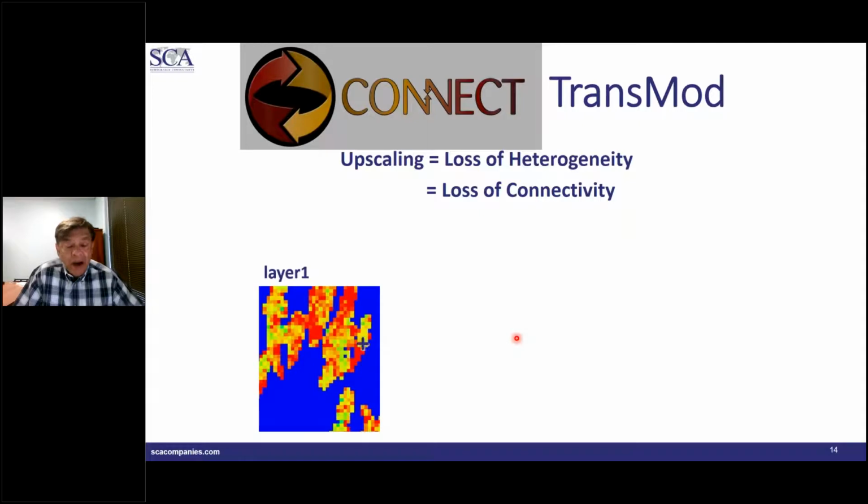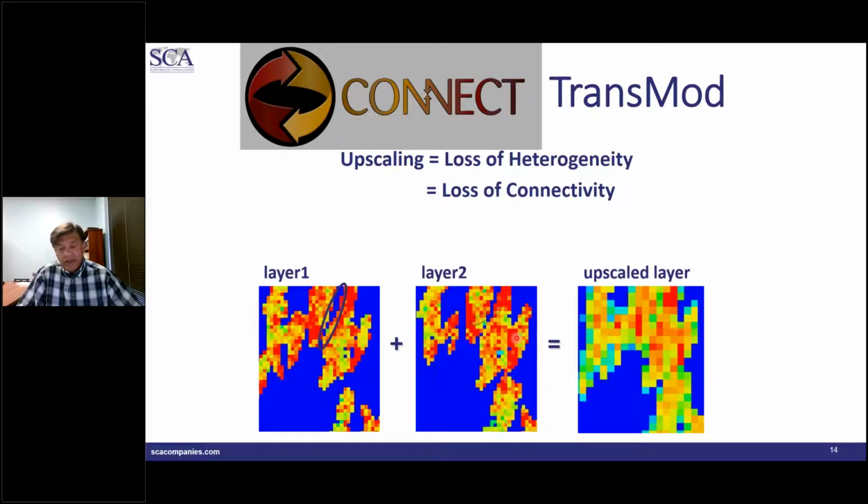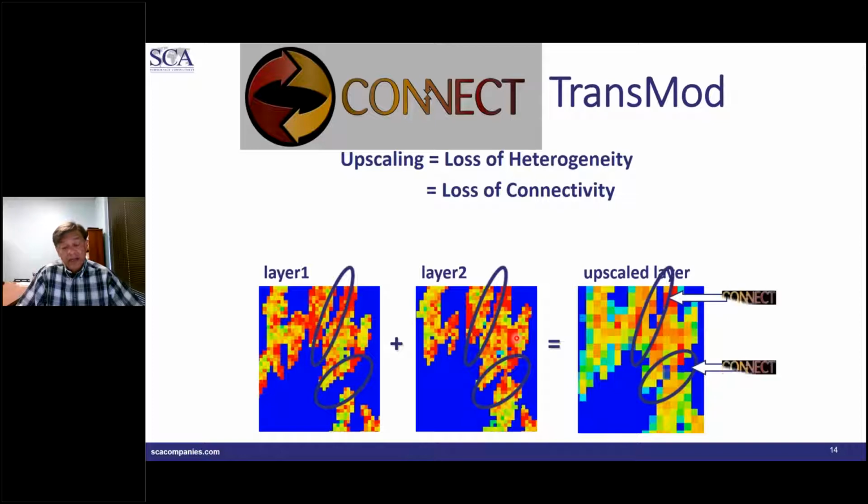We also have another plugin called Transmod, which accounts for the loss of connectivity when you have multiple layers. So if you have two layers and you just overlay on top of each other, if the lack of communication is not perfectly captured, perfectly aligned, then upscaling will create continuity which doesn't exist. And you want to make sure that the connectivity which you observe on a fine scale is still captured.